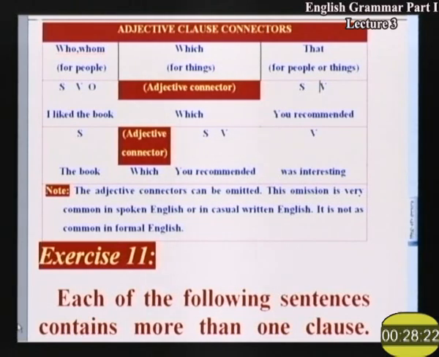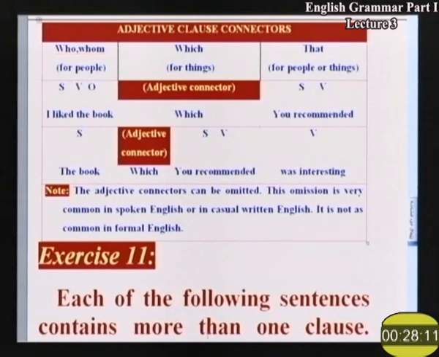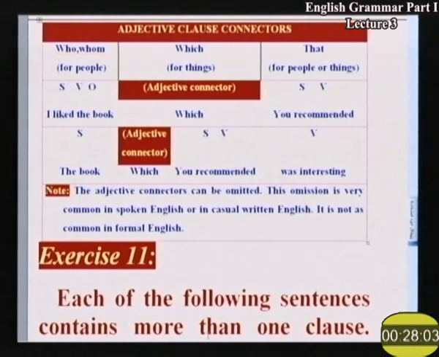The adjective connectors can be omitted. I can say the book you recommended was interesting. It is not necessary to say which. This omission is very common in spoken English, or in casual written English.